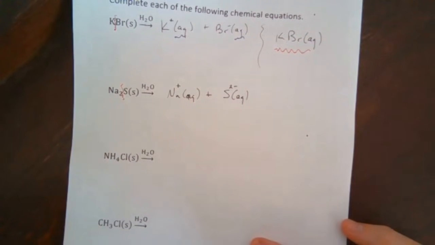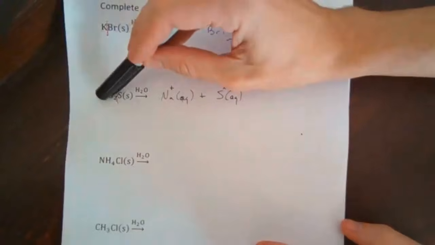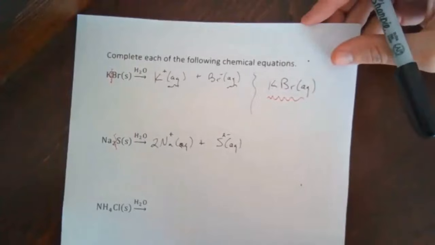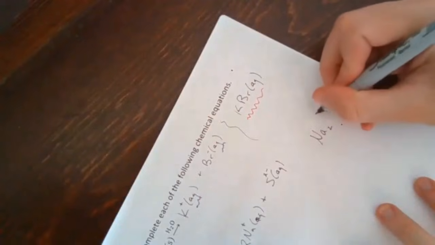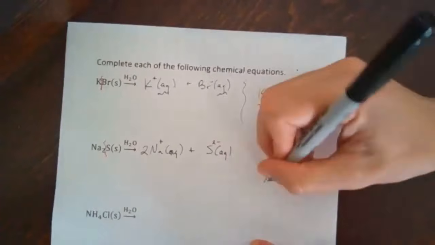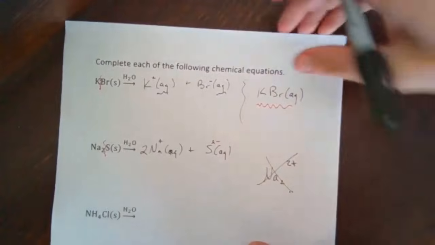The last thing we need to account for is balancing our equation. So I've got 2 sodiums right there. It needs to be a 2 in front right there. That 2 needs to be out front. What we do not want to write is this. That is no good.